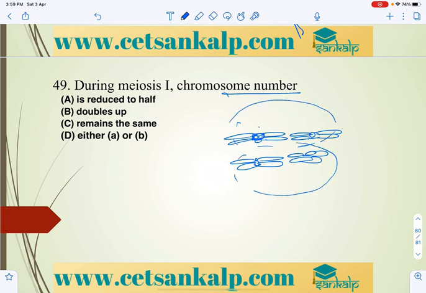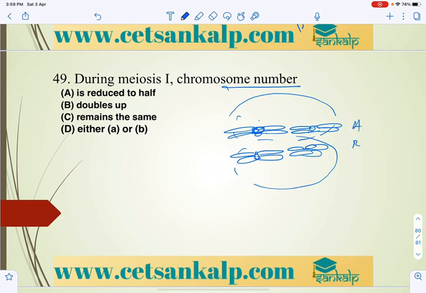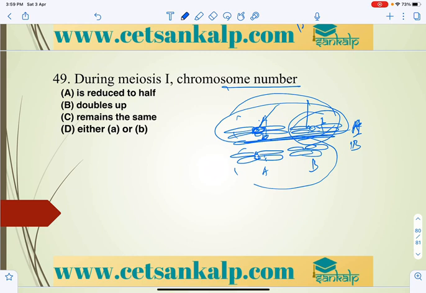Say this is A and this is also A, the homologous chromosome, and this is B and this is B. One chromosome of homologous chromosome A will move, and one of homologous chromosome B will move. So the chromosome number is reduced to half during meiosis 1.